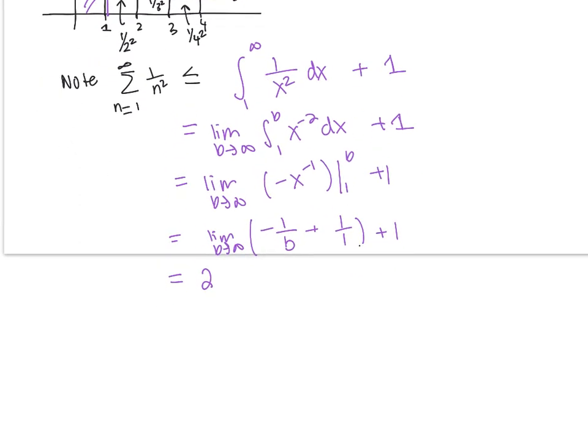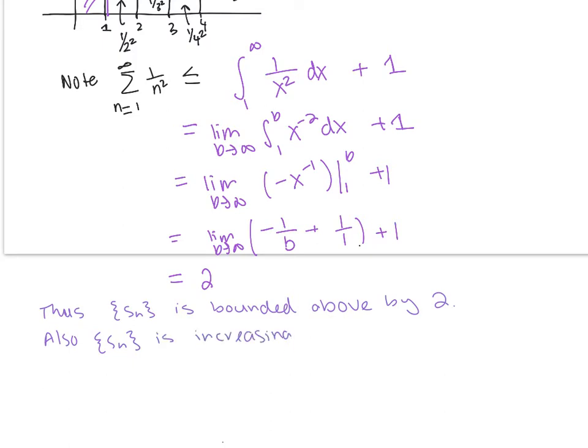Okay, so what that tells us is that the sequence of partial sums, S_n, is bounded above by 2. And the other thing that you can notice is that the sequence of partial sums, those S_n's, is increasing. The reason it's increasing is that each time n increases, as in you add up more things, you add on a positive term.